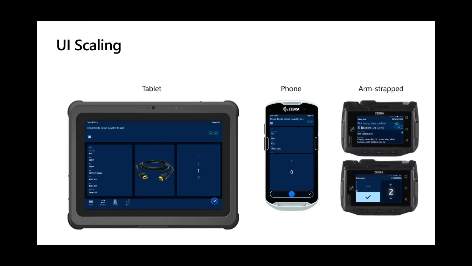So this same app can be used in a tablet mode for a forklift driver, and the same screen can scale down to an arm-mounted scanner for a forward picker, for example. Now this screen shows the same screen in the app scaled across 3 sizes. I will note that there's a little bit of fine tuning to this display before the final release in April.